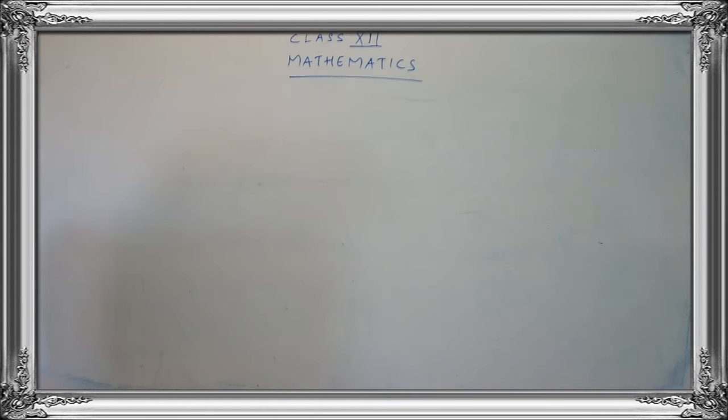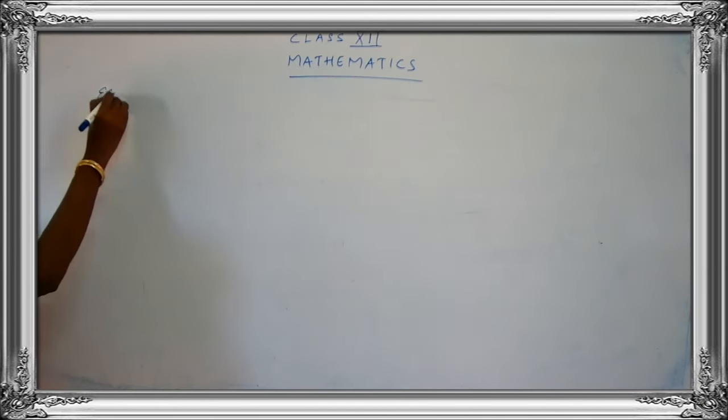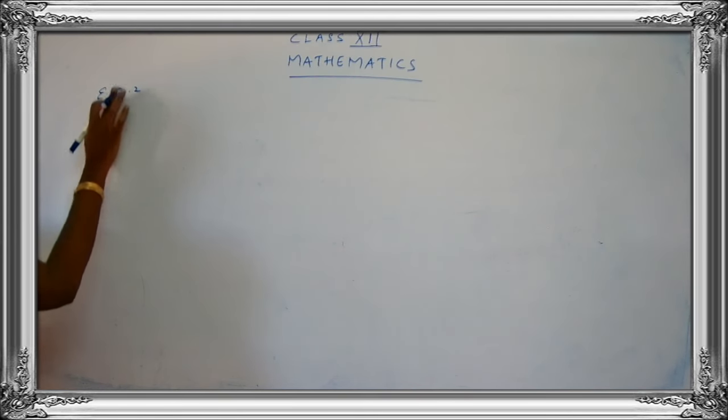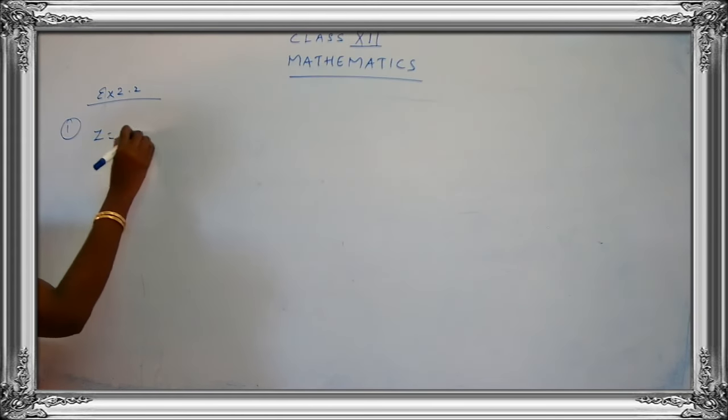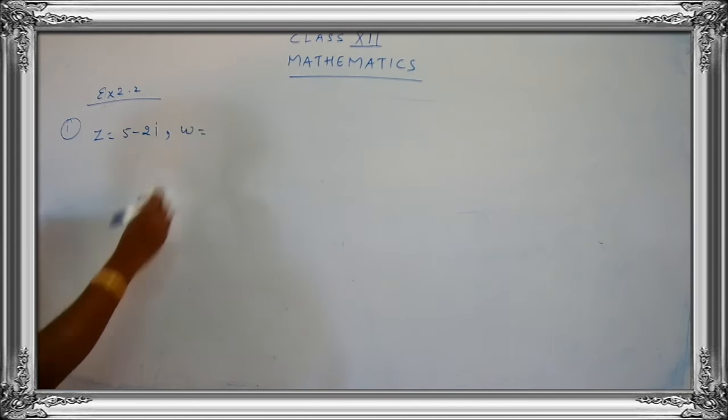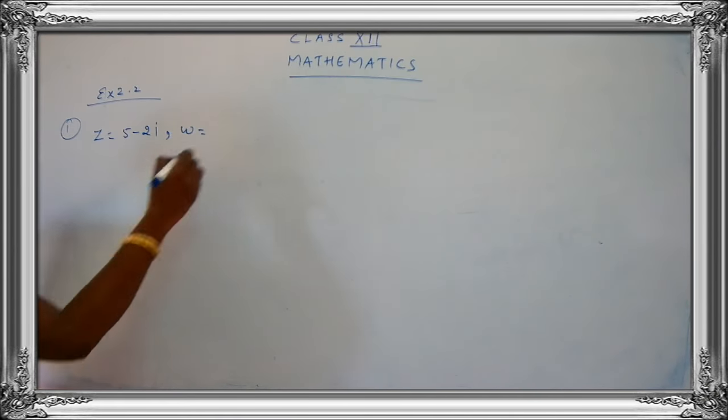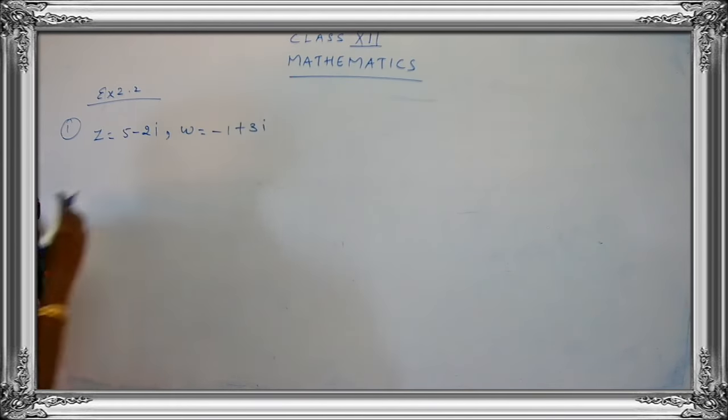Hope you are ready, and many would have tried the answer. Yes, good. z is given to us as 5 minus 2i and w is given to us as minus 1 plus 3i. So copy the numbers carefully.